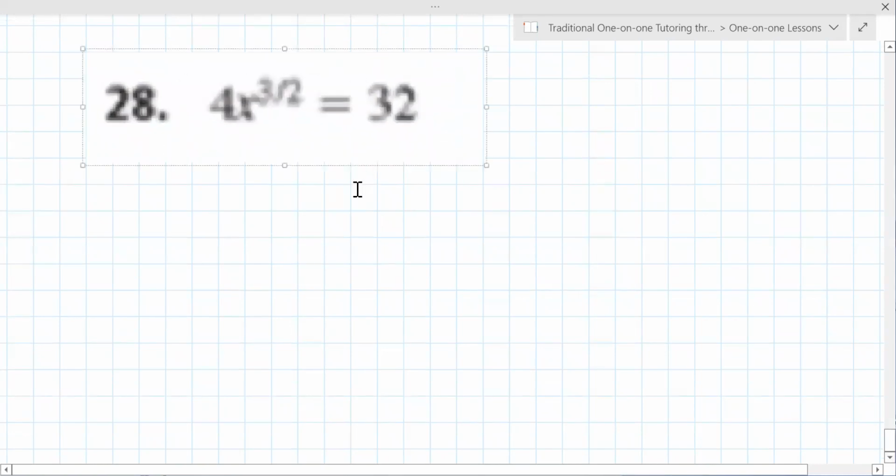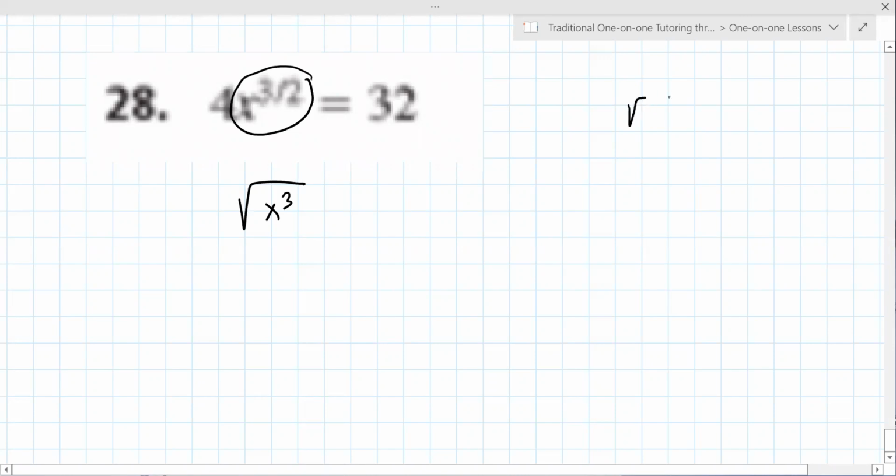Okay. So let's look at 28 here. Another way that this thing could be written, with the x to the 3/2 power that I've circled, if you remember, is the square root of x cubed. Because the number on the bottom, like the square root of x, there's really a 1 there and a 2 there.